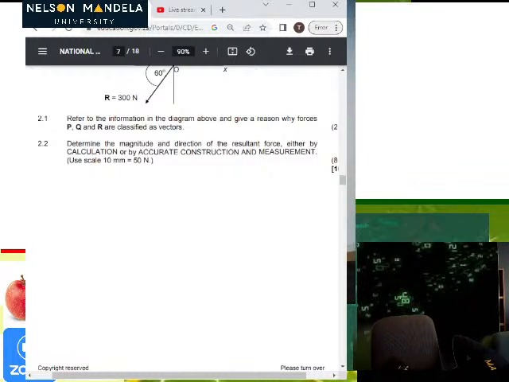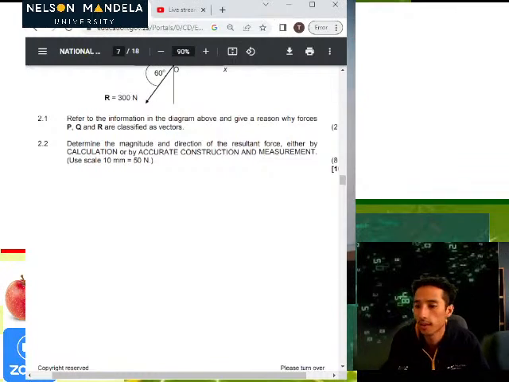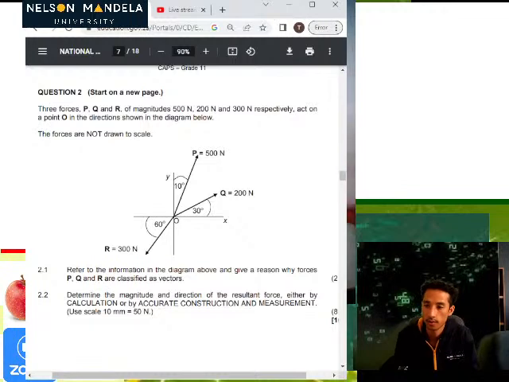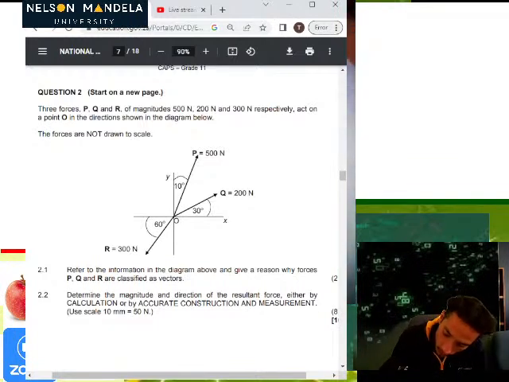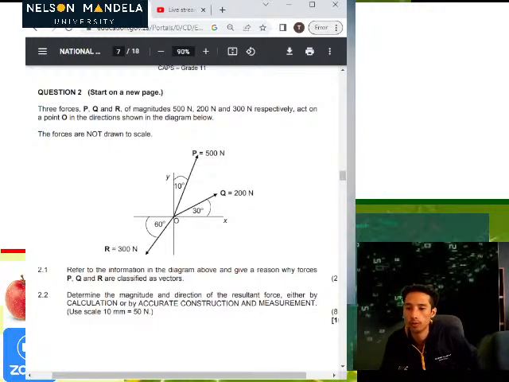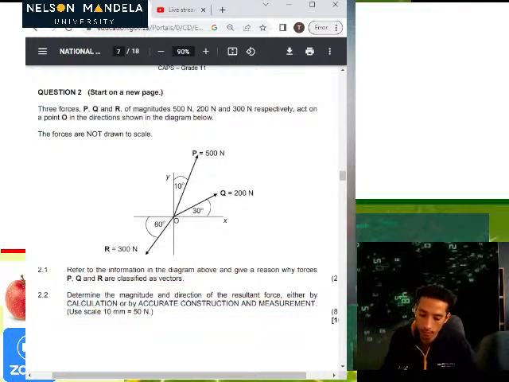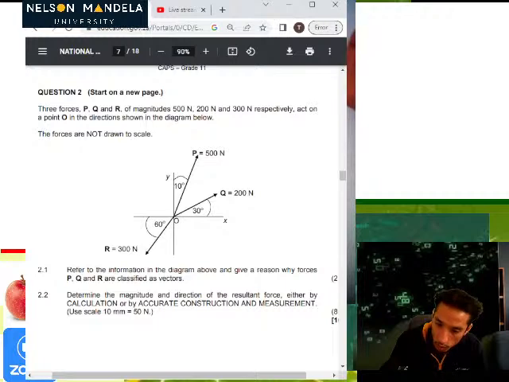In this instance, we know the forces are not drawn to scale, so question 2.2 also tells us to use a scale.